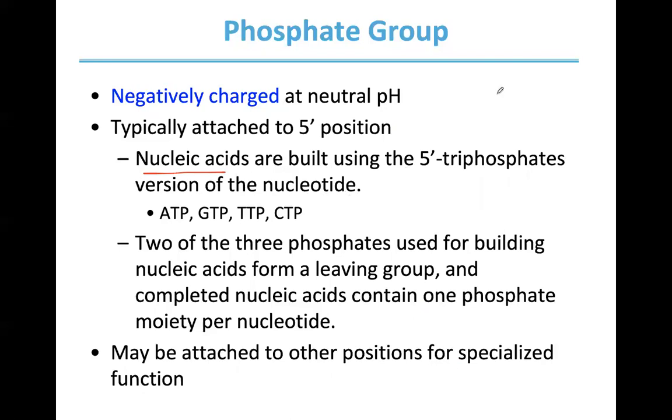So in other words, if you have a nucleotide, like so, here is the nitrogenous base, this is the ribose, here is the 5' position, oxygen, phosphate. So this will be a nucleotide, right? But if you add 2 more phosphates, so this will be nucleoside triphosphate, right? So you have 1, 2, 3 phosphates.